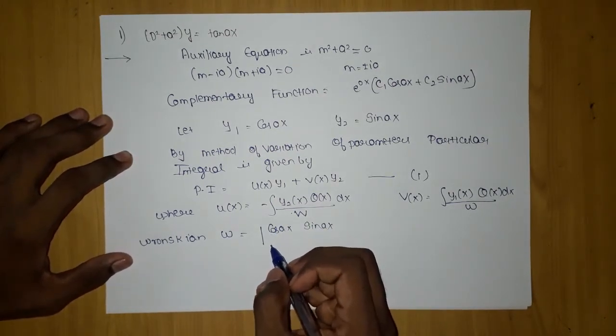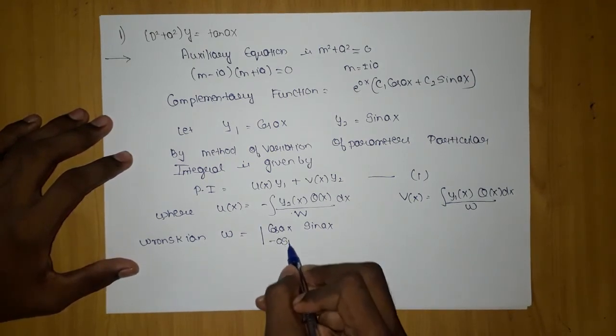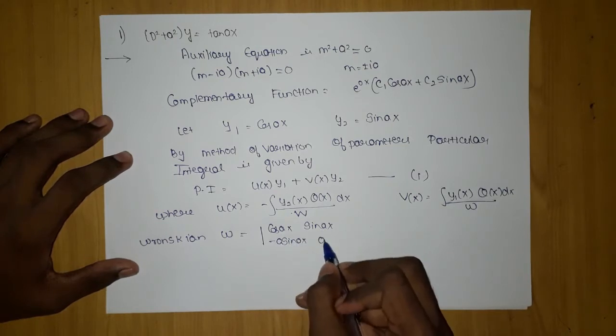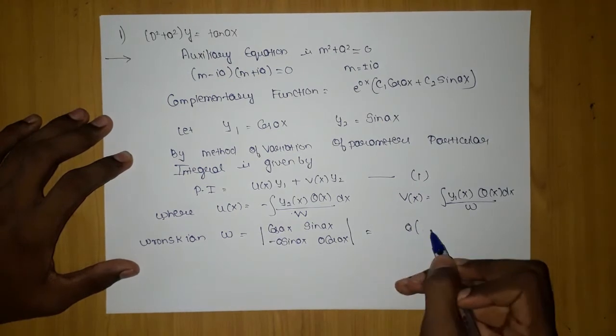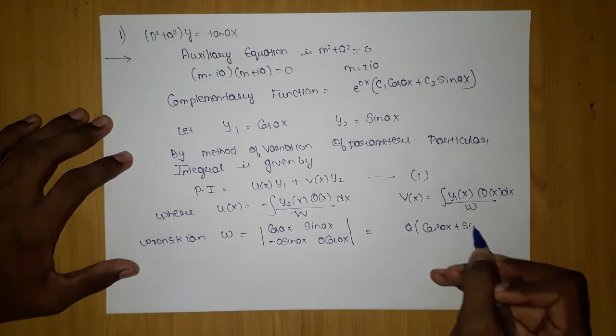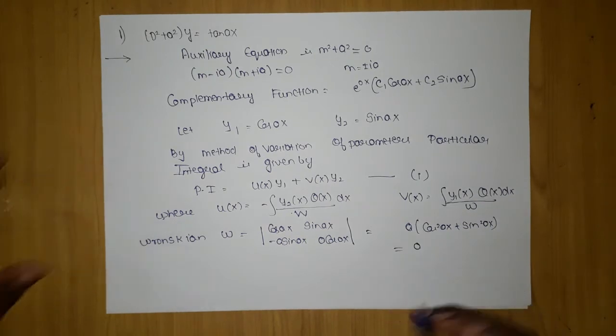Differentiation of cos ax is, don't do any silly mistake, minus a sin ax. This will be negative while this will be positive, a cos ax. So if you solve the determinant, you will get a outside, and you will get cos square ax plus sin square ax. So our Wronskian constant is nothing but a.